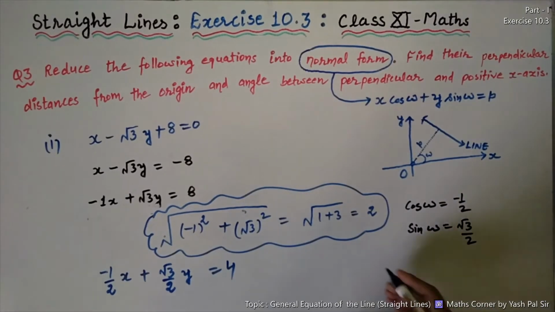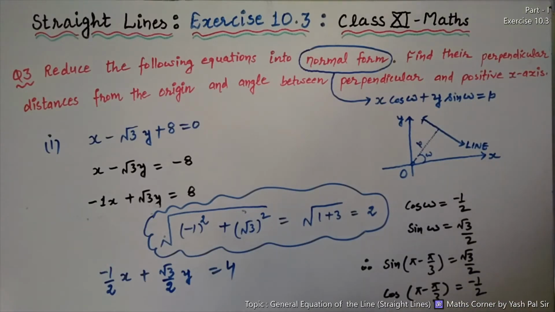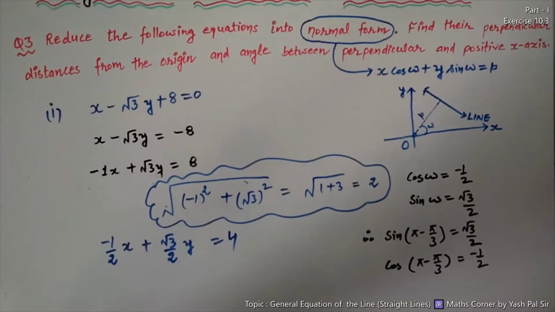This happens only in the second quadrant. So we can say sin of pi minus pi by 3 is equal to square root of 3 by 2 and cos of pi minus pi by 3 is equal to minus 1 upon 2.